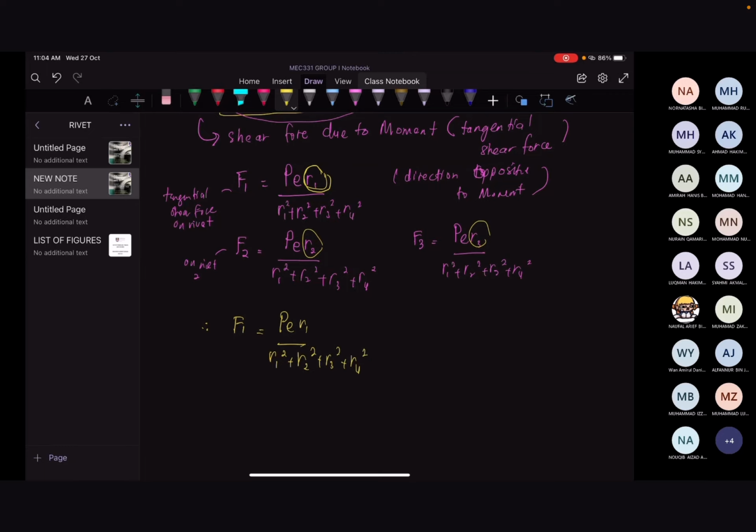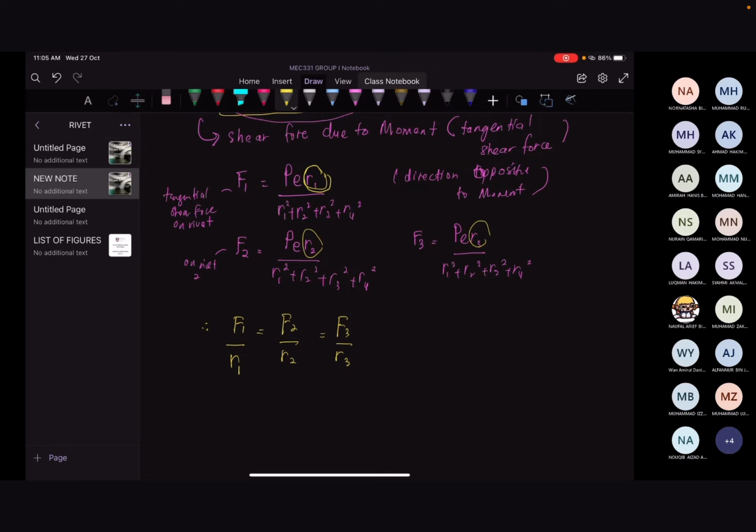Okay, so kalau nak cari F2, kita kena bahagikan dengan R1 darabkan dengan R2, betul? So, in short, formula ni akan jadi F1 over R1 equal to F2 over R2 equal to F3 over R3.